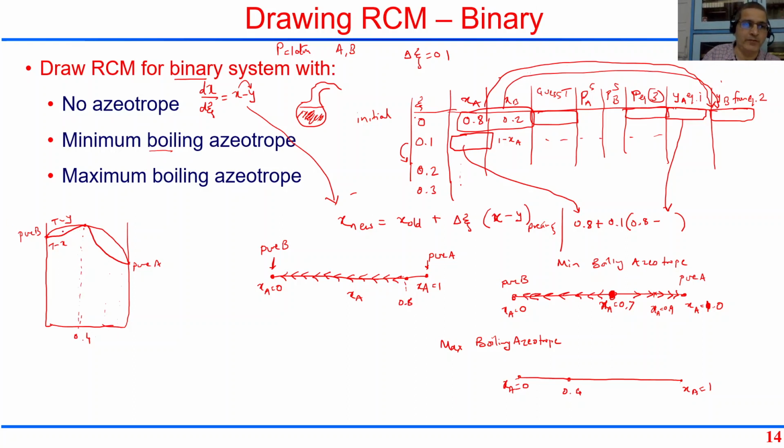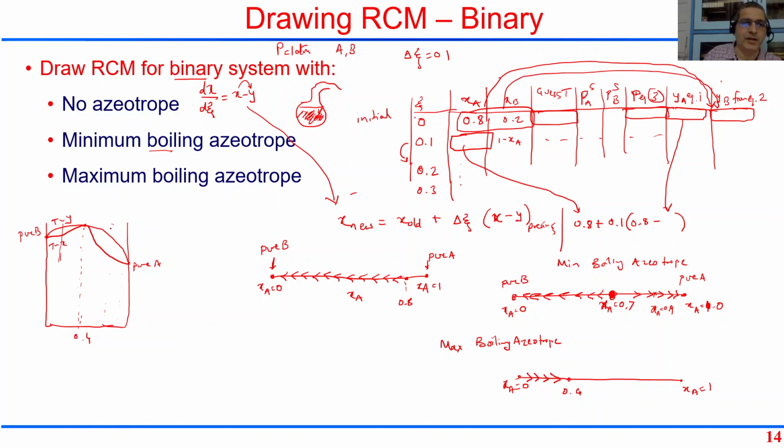Now if I start on the left side of the azeotrope, what is more volatile is the pure B. So the pure B is going to get enriched into the vapor phase. The liquid phase, what is remaining in the still, is going to contain more and more of this azeotrope, right? So the residue curves on the left side, if I'm starting on the left side, they are all going to point towards the azeotrope.